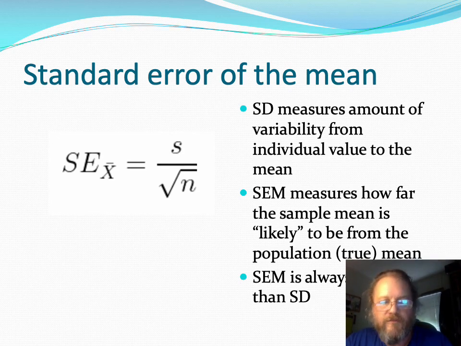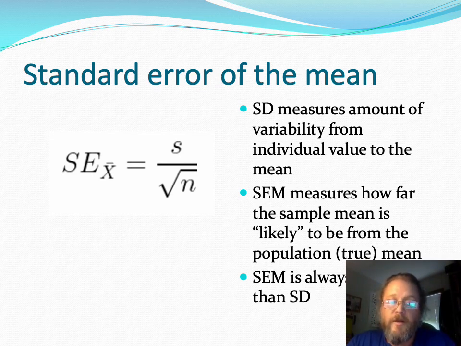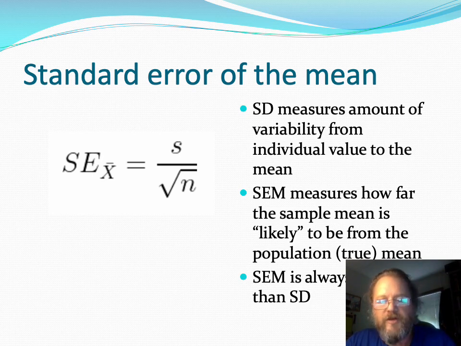The SEM is always going to be less than the standard deviation, because you're dividing by the sample size. So the second little experimental design point is that the larger your sample size, the more precision you're going to get out of your estimates, because you're dividing the standard deviation by a larger and larger number.